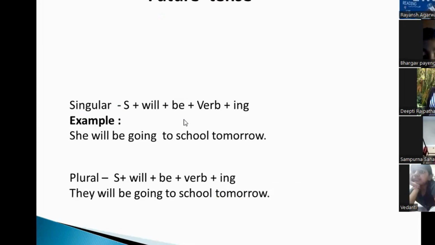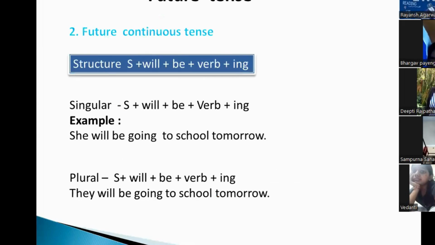Okay, now let's see the structure for this future continuous tense. So what is the structure for this one? Subject plus will plus be plus verb in the basic form, that is V1 form, and then ing attached to this basic form of the main verb. When your subject is singular, the structure is subject plus will plus be plus verb plus ing.